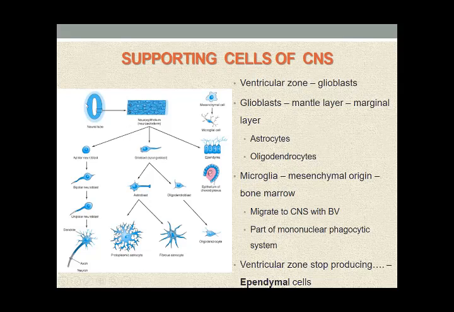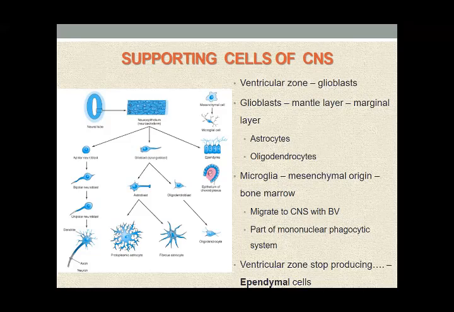Once all the cells develop and mature, the epithelial cells that make up the ventricular zone simply develop into ependymal cells. और अगर आपको याद हो, आपने histology में ये किया था, ependymal cells are simply cells that line the ventricles of the brain and the central canal of the spinal cord.